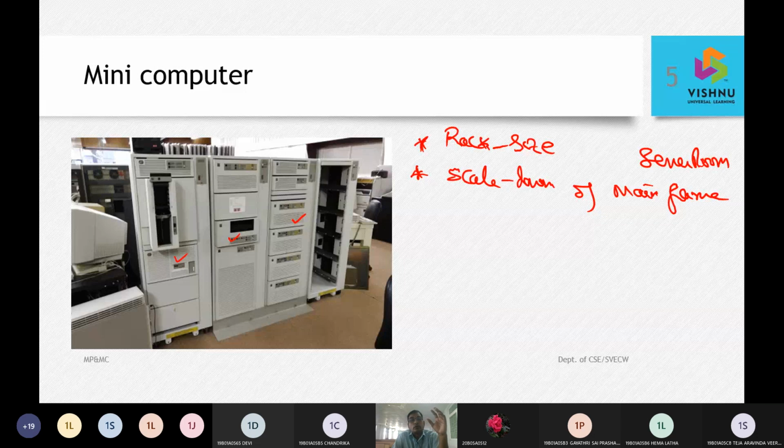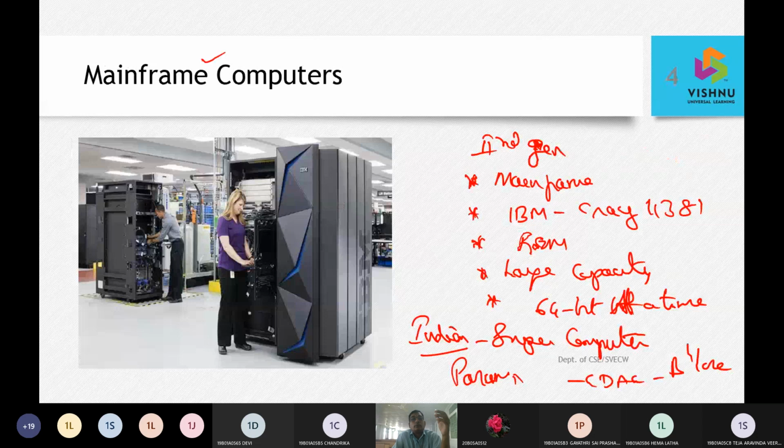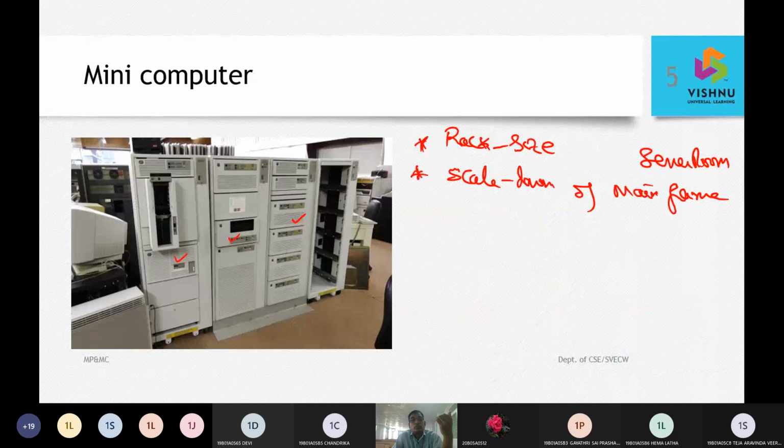Why do we call this item a scale down? Because when we say it is a mainframe computer, it is a huge volume in the rooms, but now it is a little bit compact in size compared to the mainframe computer.